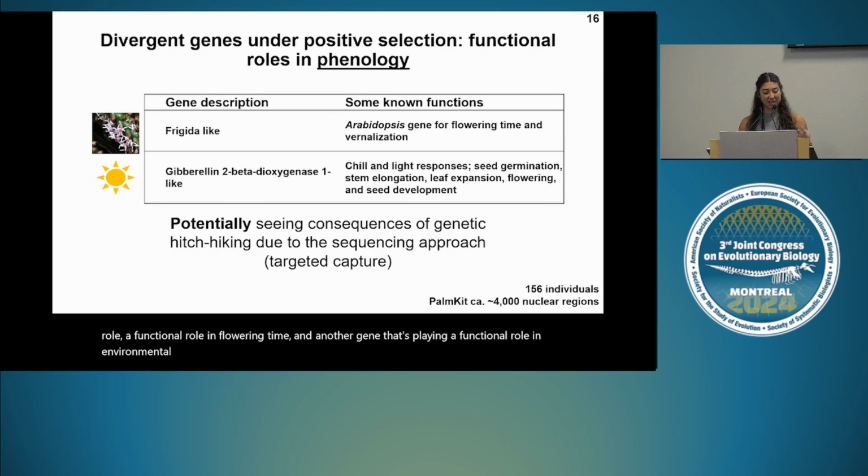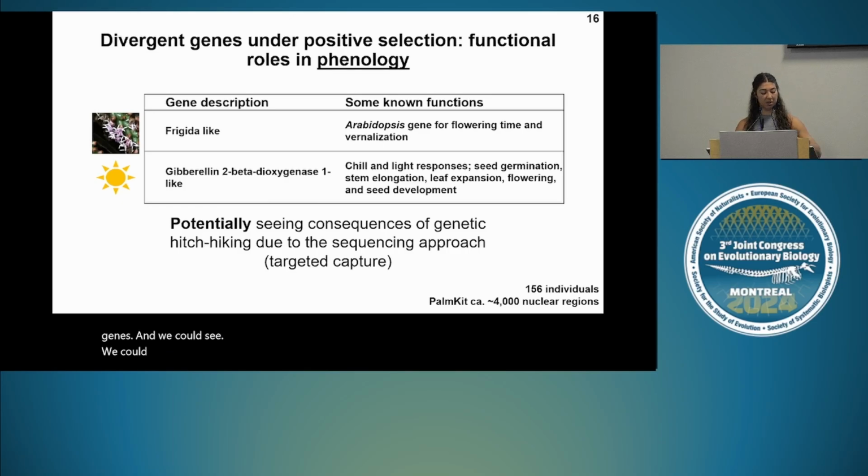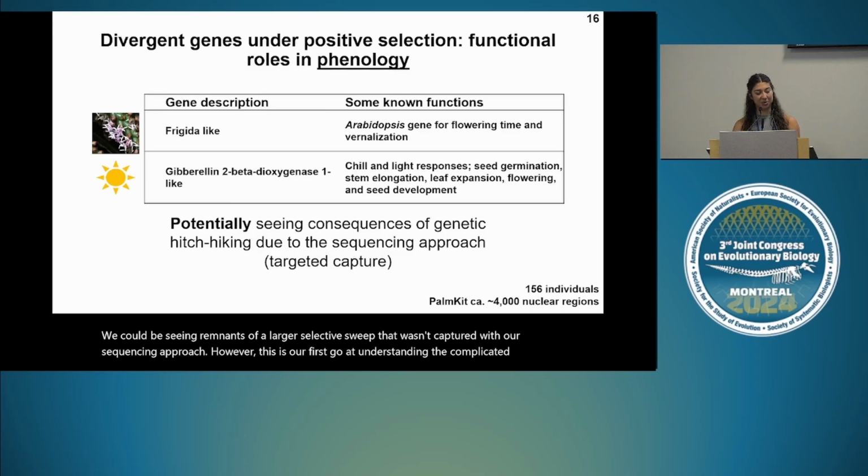And of course, due to our genetic sequencing approach, we recognize that we cannot say with exact certainty that selection is acting specifically on these genes, and we could be seeing remnants of a larger selective sweep that wasn't captured with our sequencing approach. However, this is our first go at understanding the complicated genomes of the Gundlachia complex, and what we've done is more than enough to formulate future questions and directions.